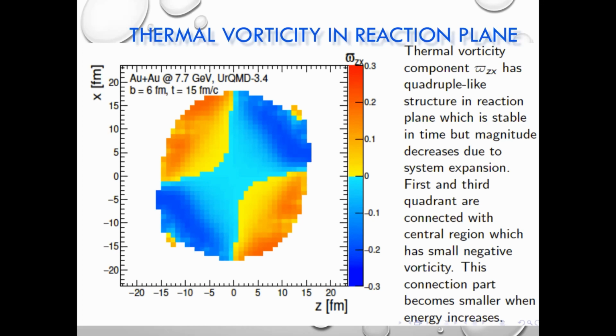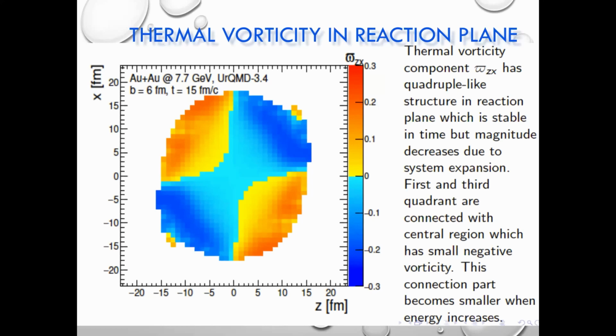The thermal vorticity component presented here is for low energy, 7.7 GeV. At higher energies, this thermal vorticity has the typical quadrupole structure.